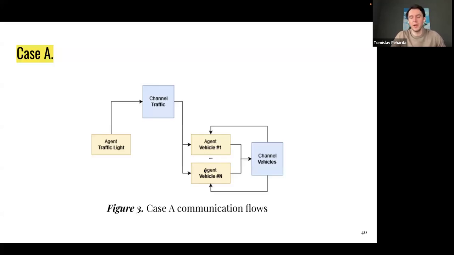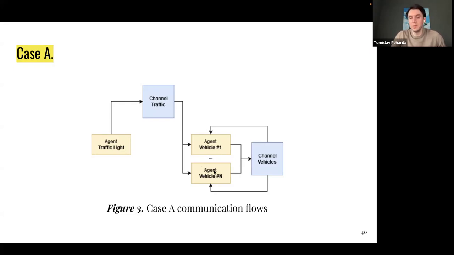Those agents are subscribed to the channel traffic. So whenever the traffic light sends something to that channel, they will receive that message, and then they can take some action. If you have a vehicle which needs to move forward, based on that prompt, it will know when it is time to start moving, right?